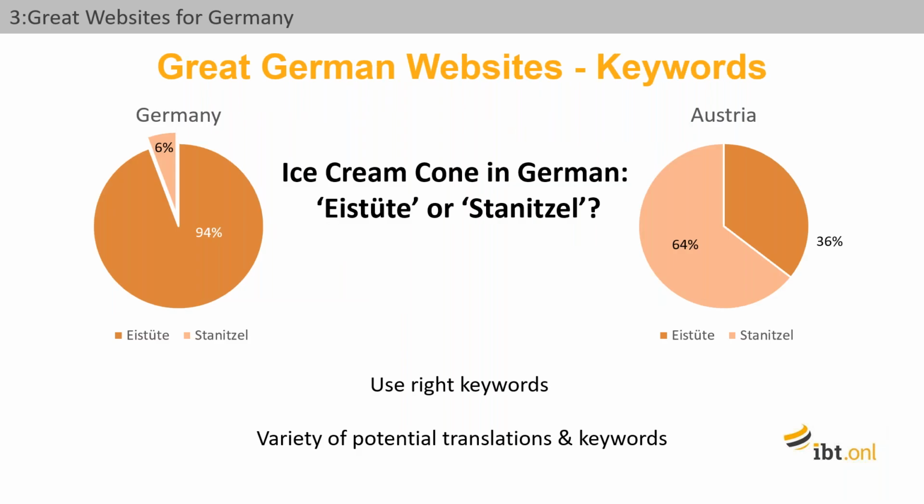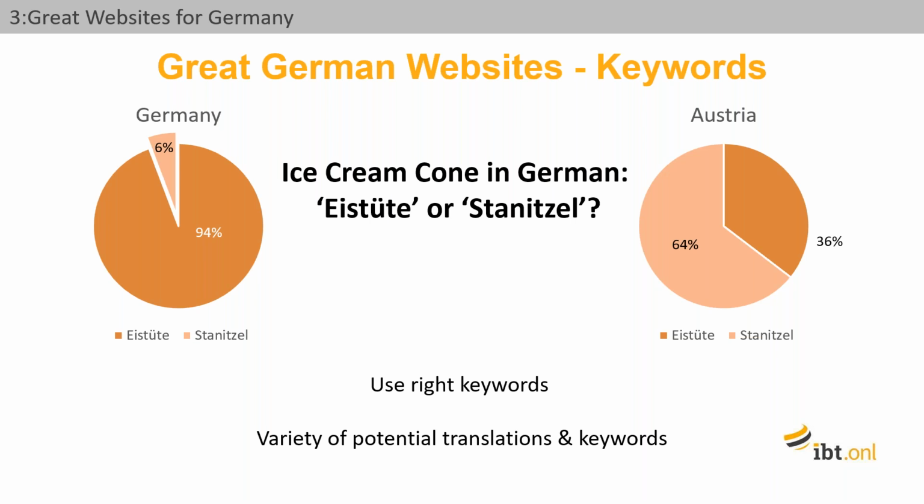Yes, this brings us to another point to make a great German website, the keywords. You have to be very careful to find the right keywords for German websites. This is essential for search engine optimization, as mentioned before, but it's also especially important for the German language. In Germany, we love to invent new words. This means often that there are a number of ways to translate a product name, because Germans love creating new words by combining existing ones.